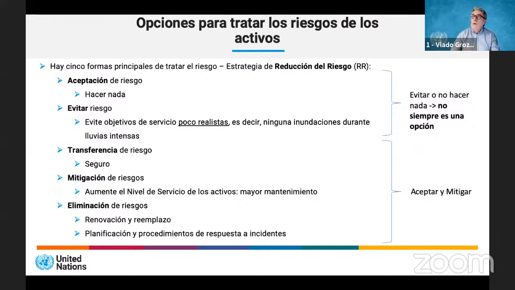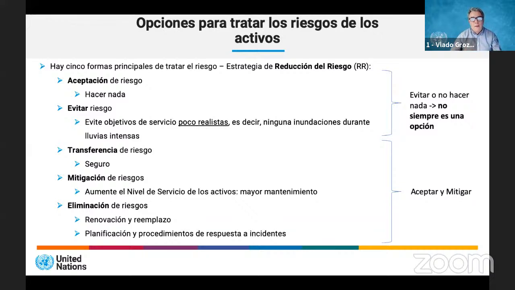If it's on a green zone, for example, if it's low risk or the asset is not critical, doing nothing is okay. But if it's, let's say, in medium or towards the high risk area, if it's scoring 3 or 4, 3 times 3, or whatever the scoring should be, then doing nothing is not always the option. We should think about maintenance. How we have to improve our maintenance activities or not, or how much it will cost us.